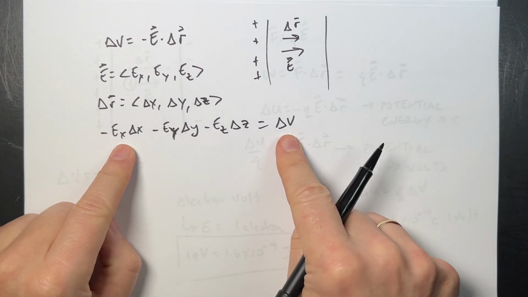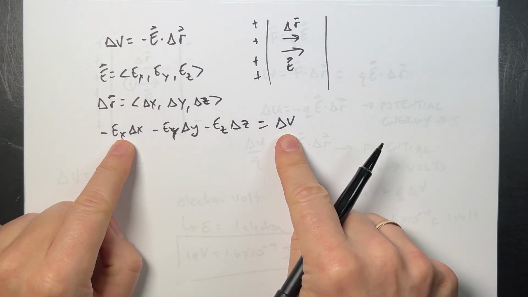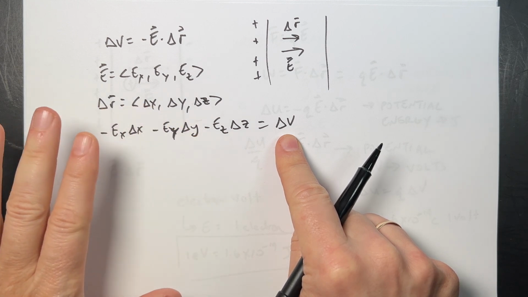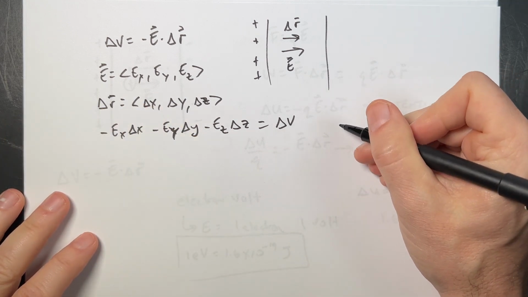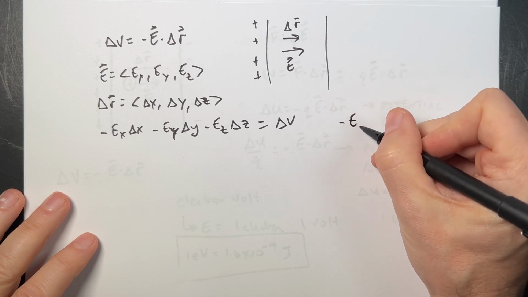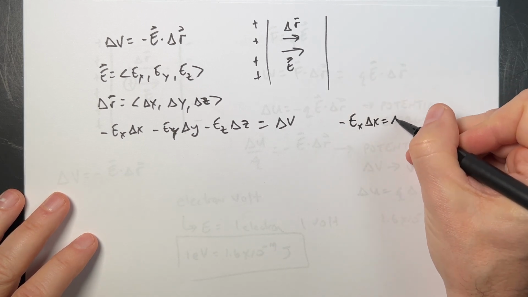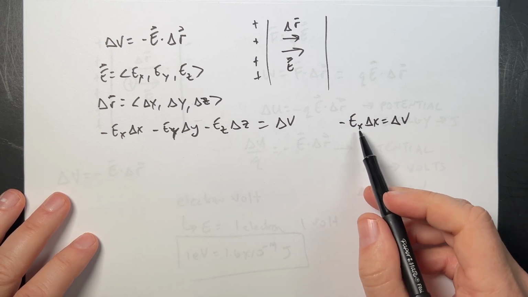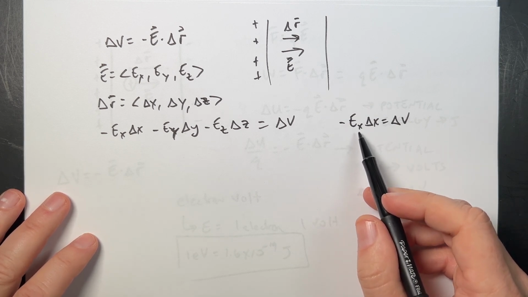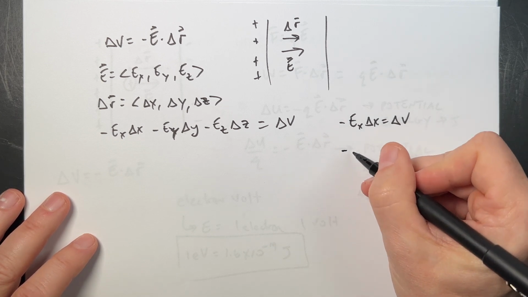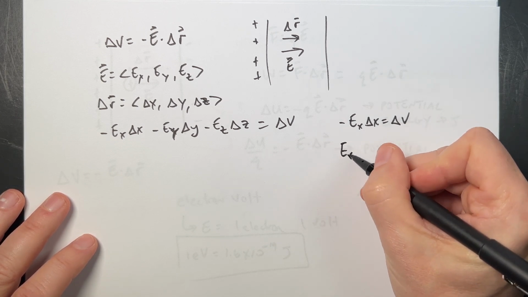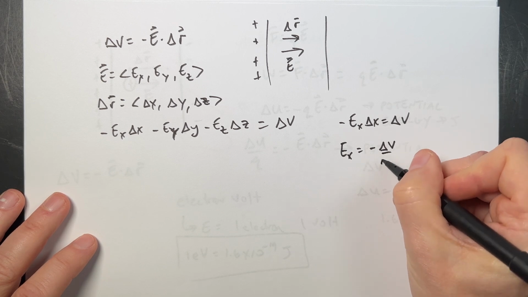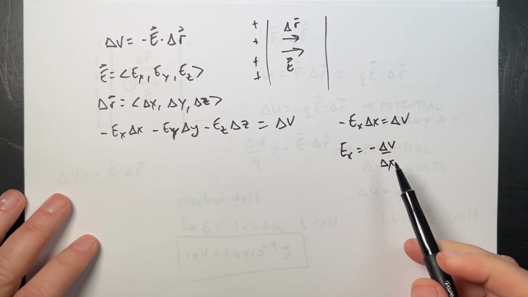So if I just take one of these terms at a time, let's say it only moves in the x direction. Then negative Ex delta x is delta V. So I can actually use this to calculate Ex. Suppose I know the change in potential, I can use that to calculate Ex. Ex is negative delta V over delta x, and that's only true for a constant field.